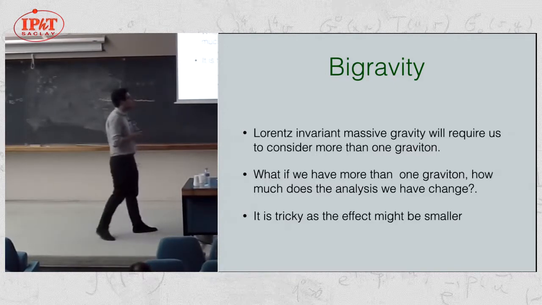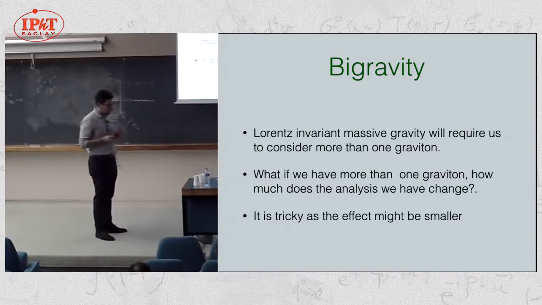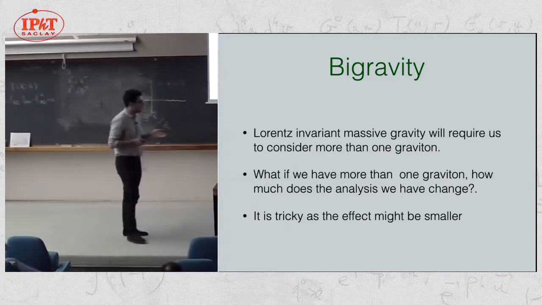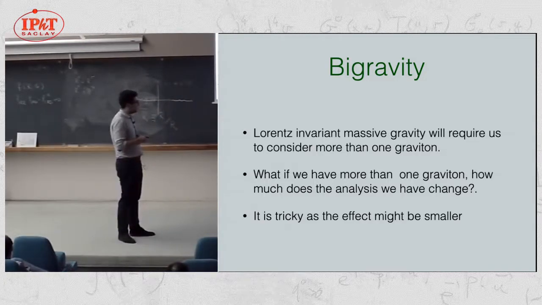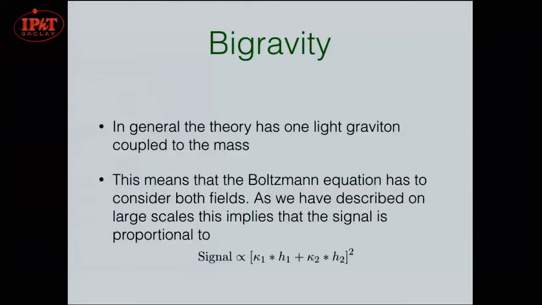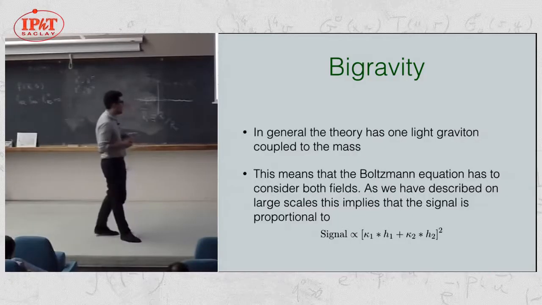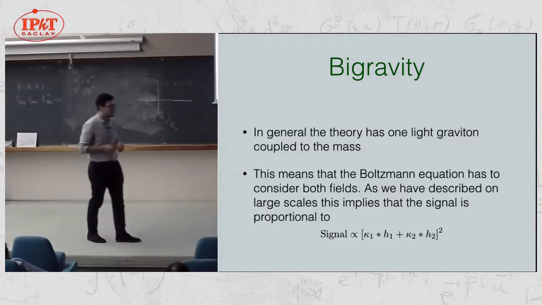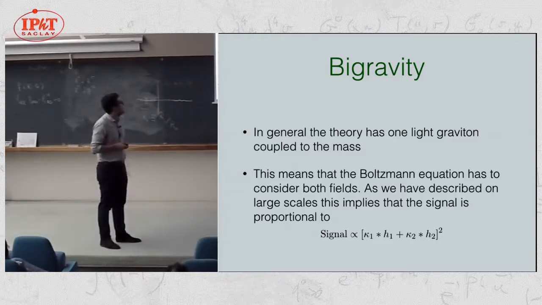Also, the way the matter couples to gravity will mean that it might be the case that there is no signal to be detected. So, some previous work has shown that in these theories, the signal will be proportional to some coefficients, kappa 1, h1, kappa 2, h2, which will be model dependent. And we have to consider those two cases carefully.